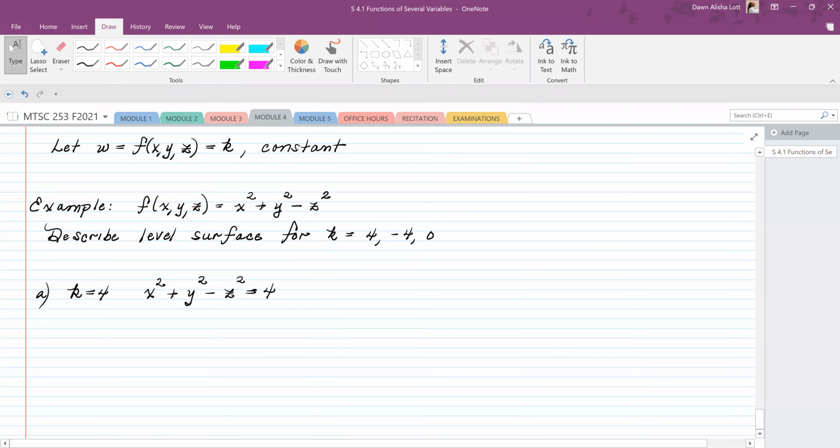When z is equal to 0, you get x squared plus y squared equals 4. That's a circle. When y is equal to 0, you get x squared minus z squared equals 4. That's a hyperbola. And when x is equal to 0, you get y squared minus z squared equals 4, which is also a hyperbola.